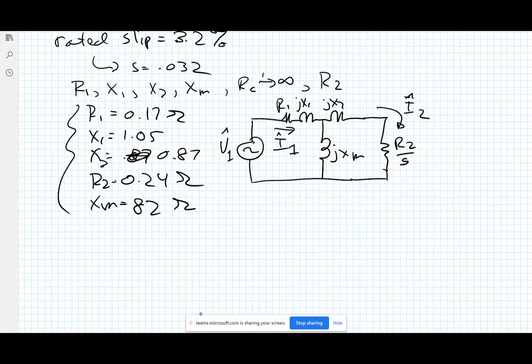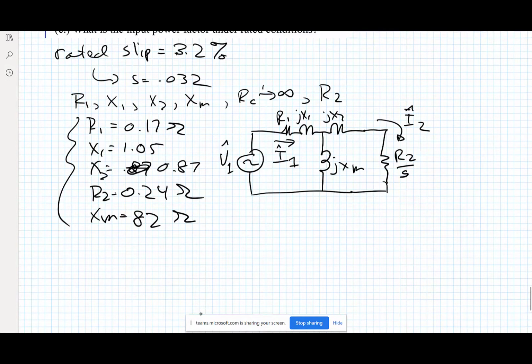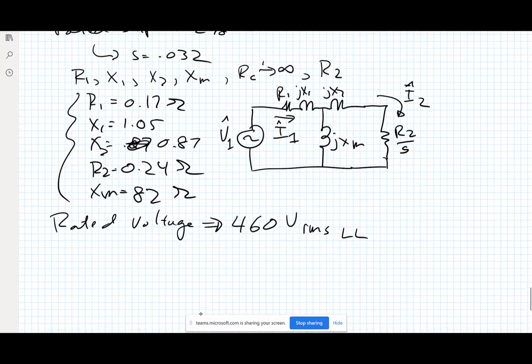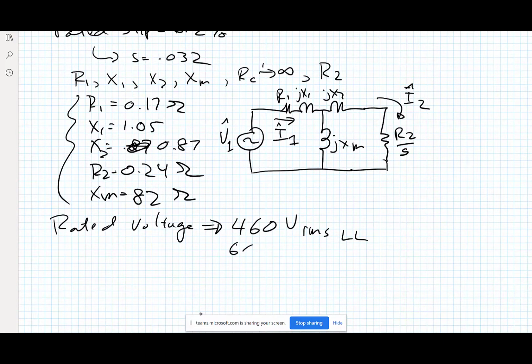We'll have to give you the rated voltage. It's always given to you line to line. So it's 460 volts RMS, line to line, and 60 hertz is the frequency.